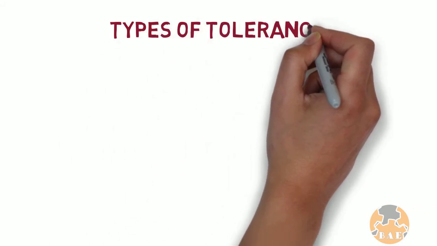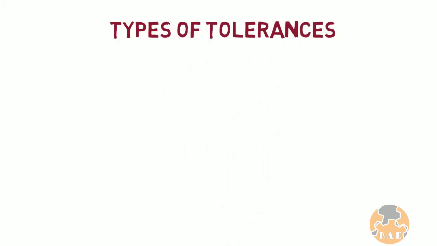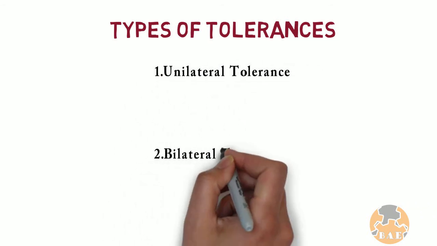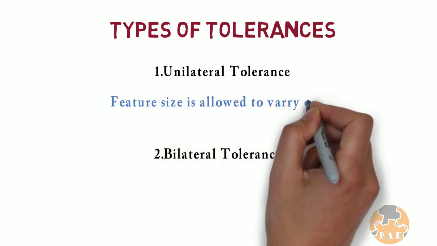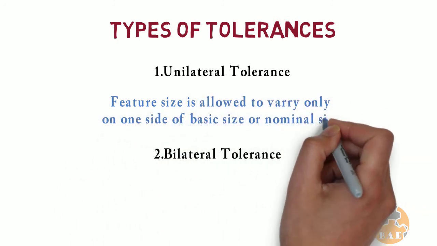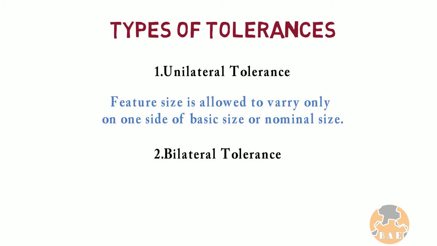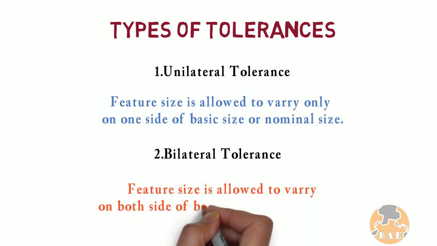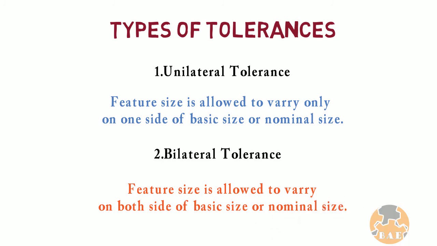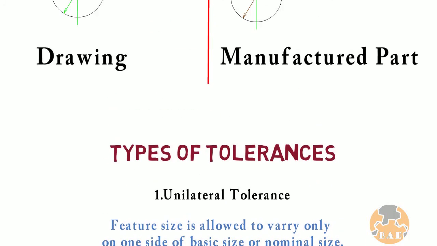Now we will see types of tolerances. There are basically two types of tolerances: unilateral tolerance and bilateral tolerance. In case of unilateral tolerance, feature size is allowed to vary only on one side of the basic size, while in bilateral tolerance, feature size is allowed to vary on both sides of the nominal value. We will see with the previous example.